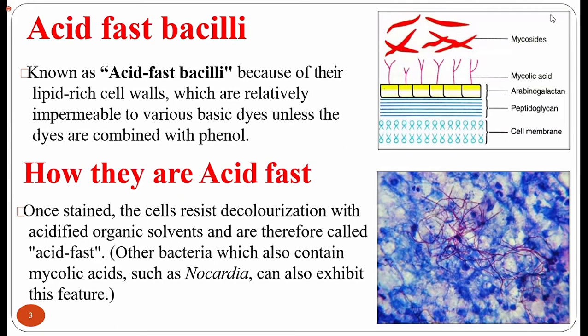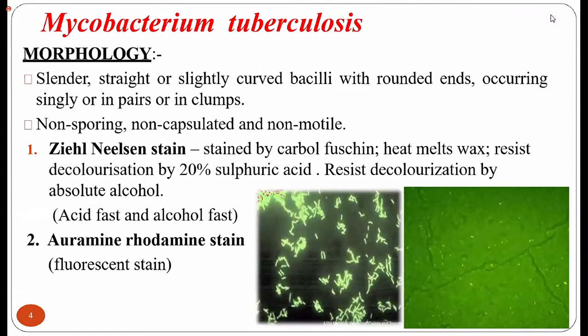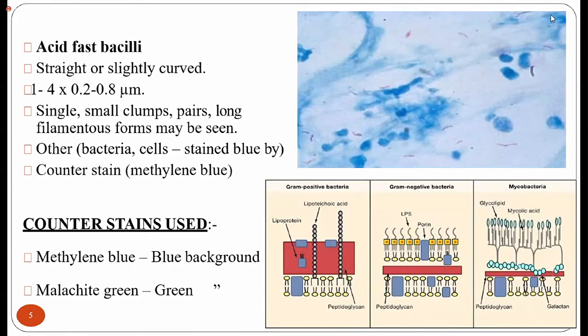It can resist decolourization by acid, and you probably see it in the lab. So you see the mycolic acids, and then under this the peptidoglycan and cell wall as well. So we do the acid-fast stain to identify the microorganisms.